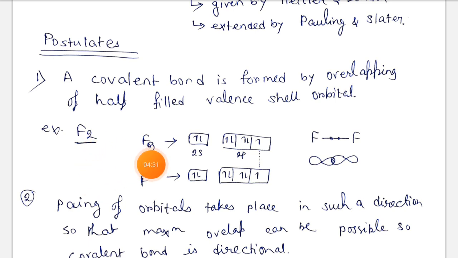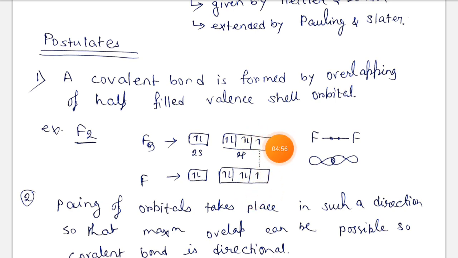One fluorine has 9 electrons. If we write the electronic configuration, it is 1s2, 2s2, 2p5: 2 electrons in the 2s orbital, and in 2p there are 5 electrons. The next fluorine atom also has the same electronic configuration.